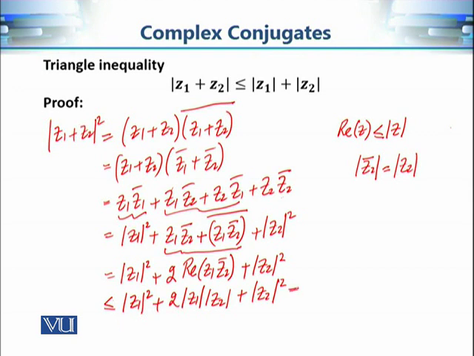So this expression is equal to the square of the modulus of z1 plus the modulus of z2. This implies that the square of the modulus of z1 plus z2 is less than or equal to the square of the sum of the moduli. And if I cancel these squares, because these are non-negative quantities, I will be getting this inequality.